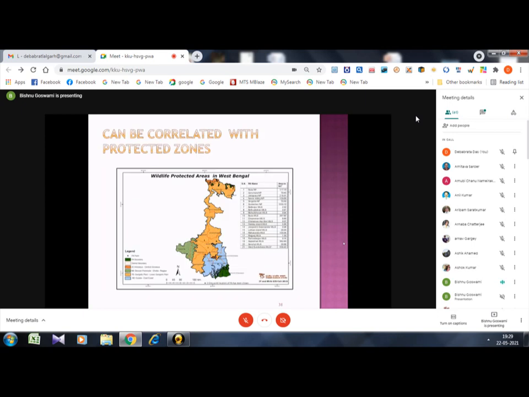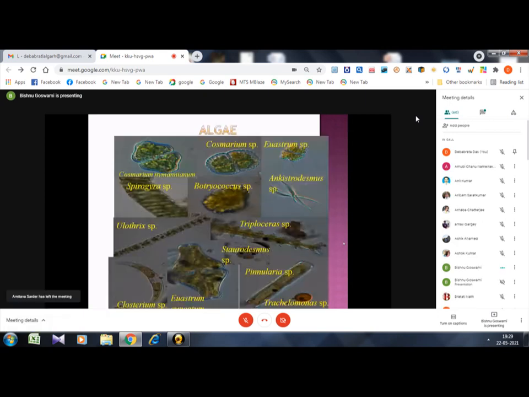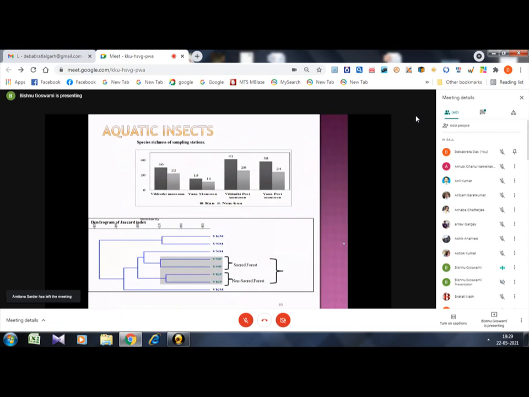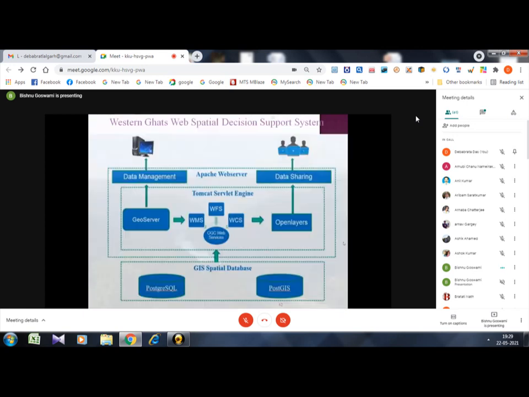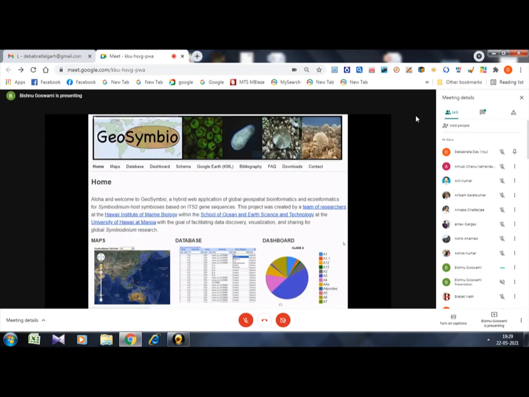So this type of information can be correlated with protected zones, such as in maps in West Bengal. We can do botanical studies, and we can also do studies with insects, such as species richness and dendrograms. And we can do in-the-field collections and find out how much of our data is useful.